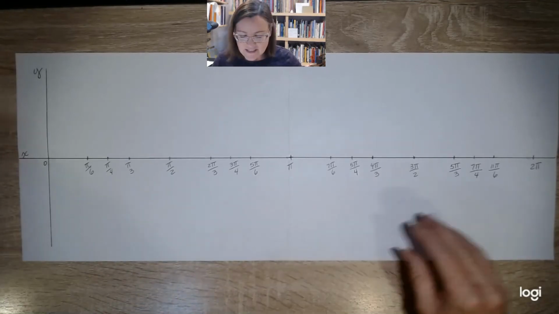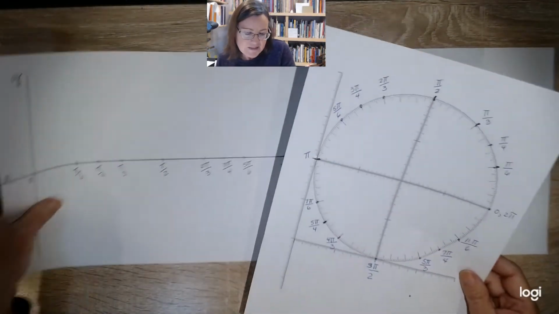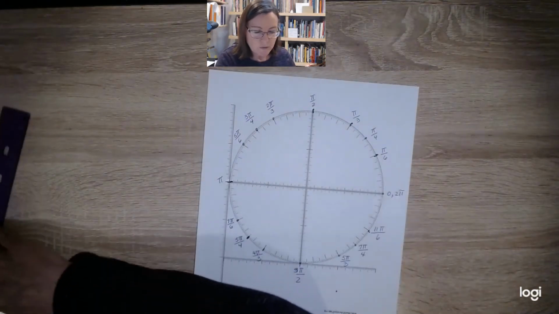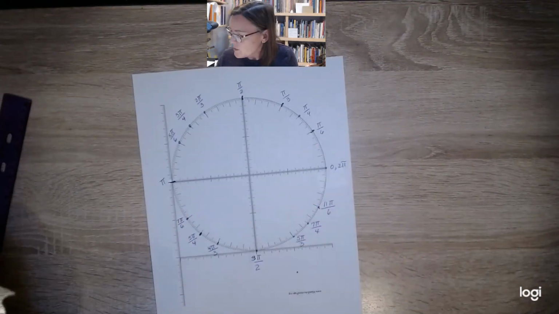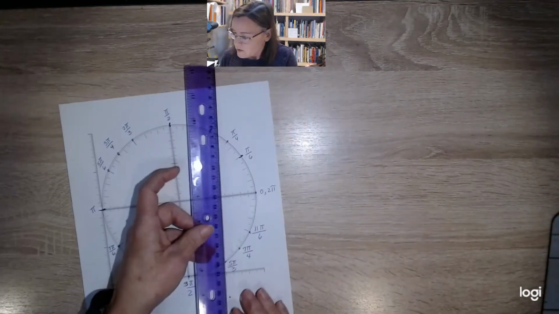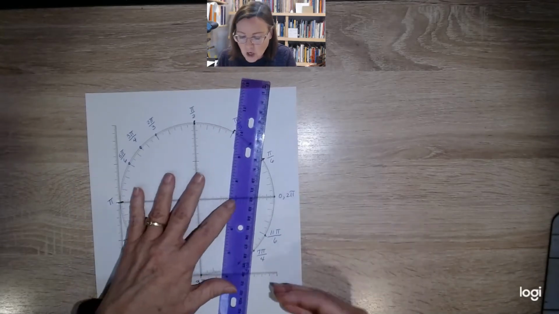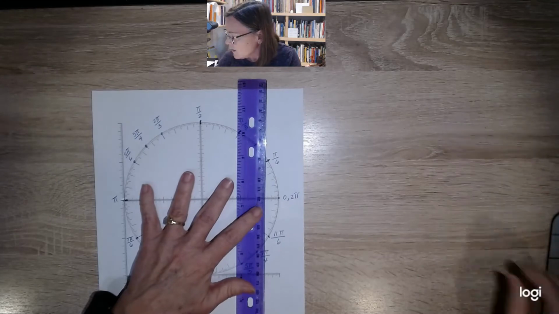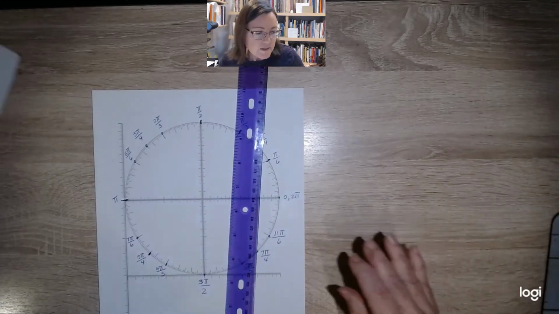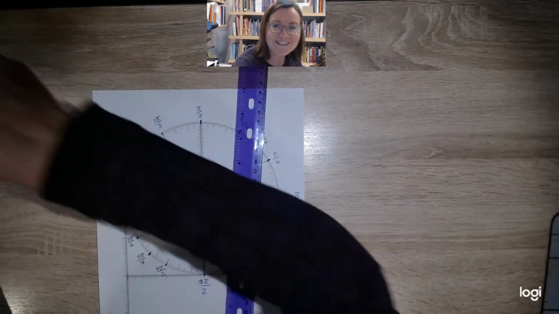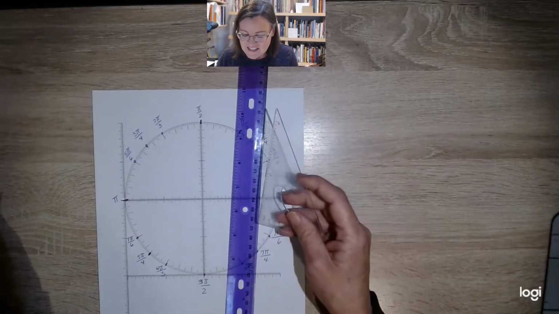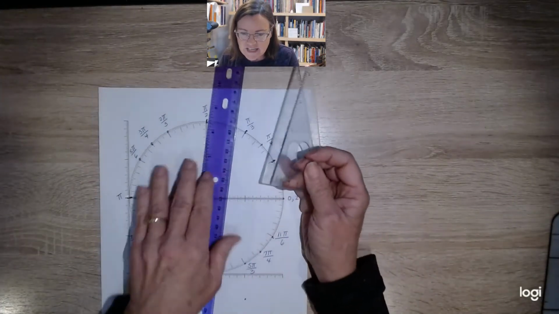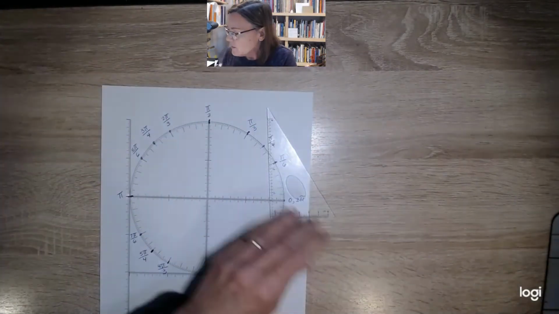The next step is going to involve this piece of paper again, your unit circle. Before we can put values on there, we need to know how tall or how long our values are going to be along here. This is where I'm going to use my little right edge. This is a handy way to do this, otherwise you're guessing.